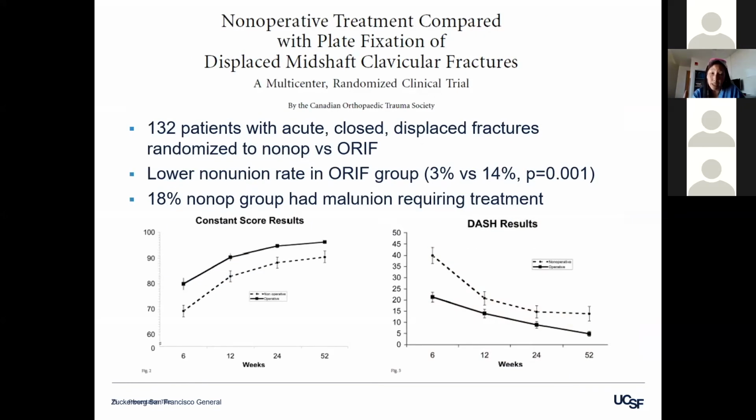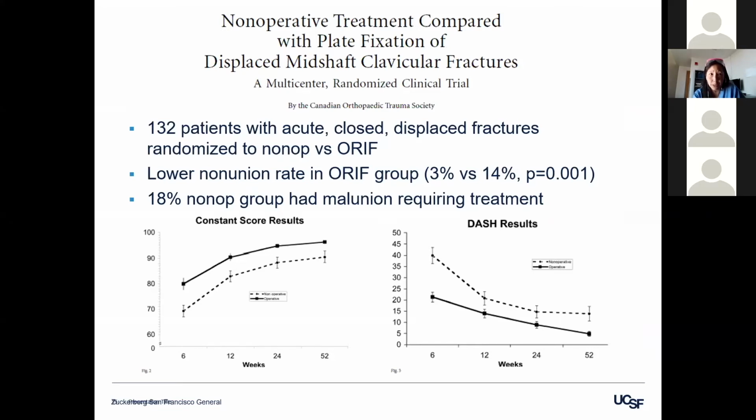So this is the landmark study that really changed the practice of how we think about displaced midshaft clavicle fractures. Done by the Canadian Orthopedic Trauma Society, a randomized controlled trial of acute closed displaced fractures. And they found a significantly lower non-union rate in the ORIF group compared to the non-operative group.